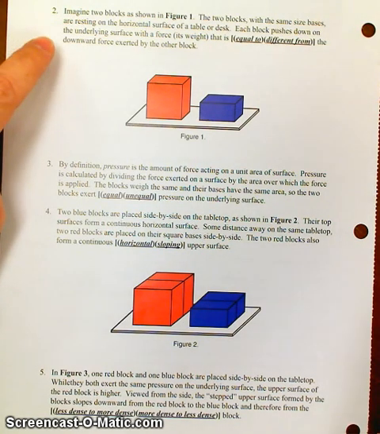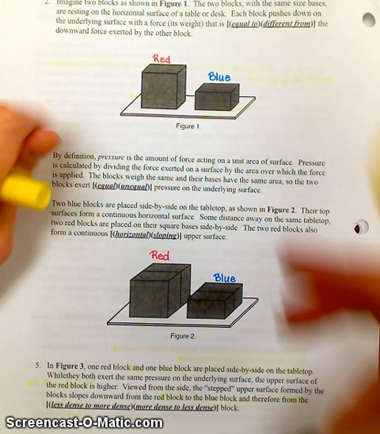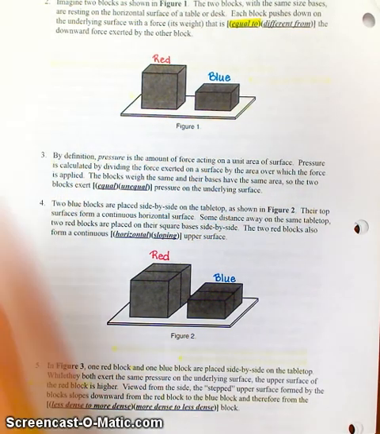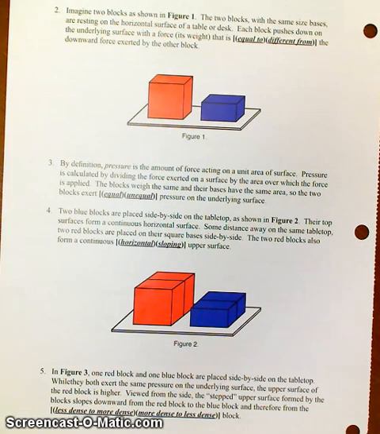So on number 2, each block pushes down on the underlying surface with a force that is equal to the downward force of the other block, because we've already said they both have the same weight. So we're going to select equal to. Now they obviously do not have the same volume or the same density, but they do have the same weight.